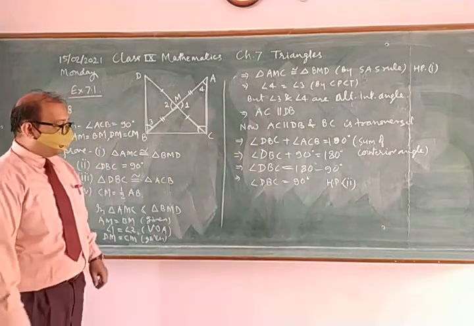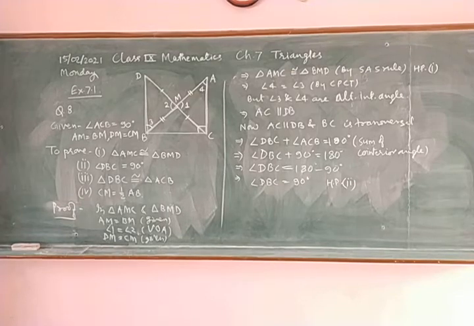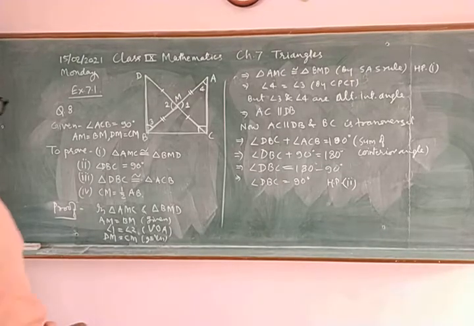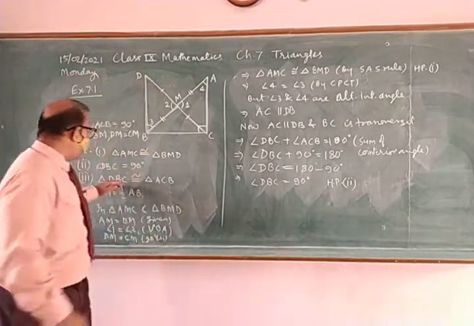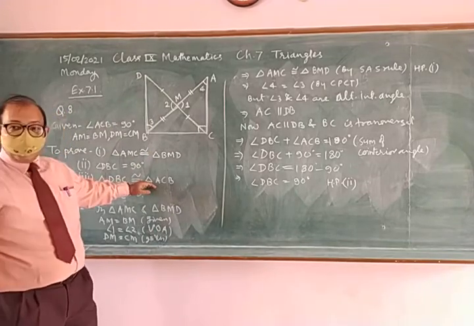Now we will prove the third part. In the third part we have to prove triangle DBC is congruent to triangle ACB.